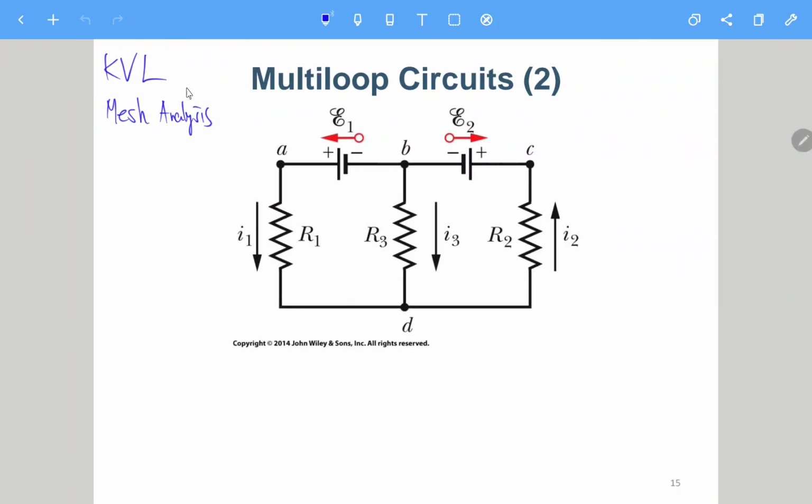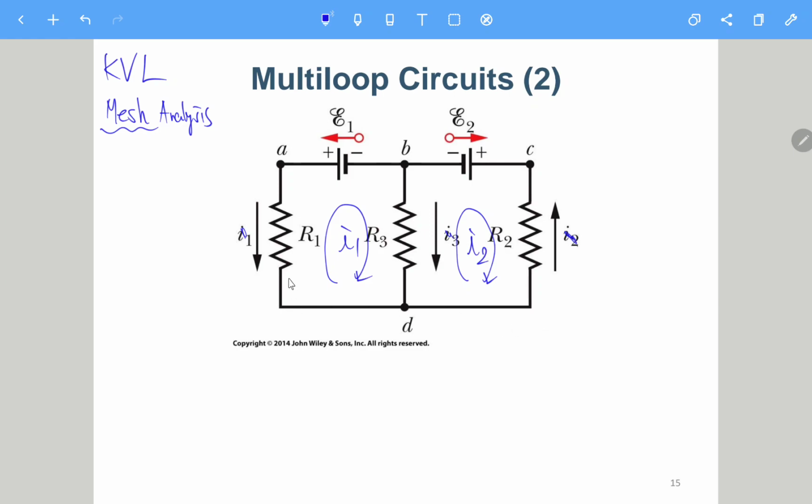Here we can also use KVL. We need to define something called a mesh. What is a mesh? A mesh means we define a current for this loop, and a current for this other loop. Just ignore this I1, I2, I3. We define this as I1 and this as I2 for these loops. So we count how many loops: we have 1 loop, we have 2 loops.